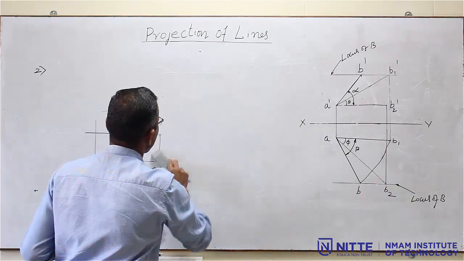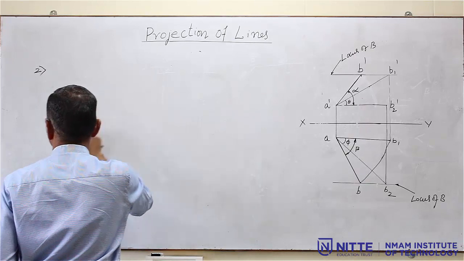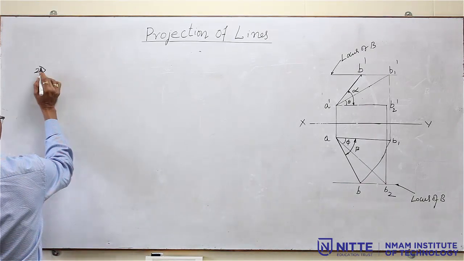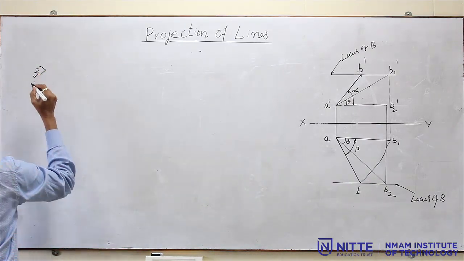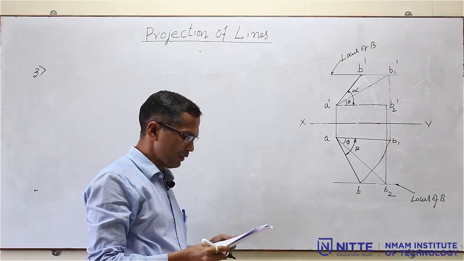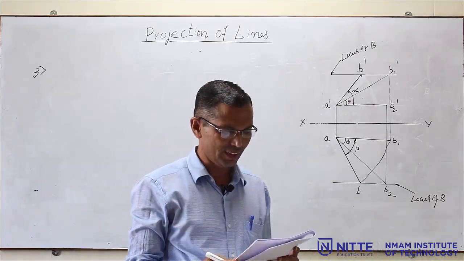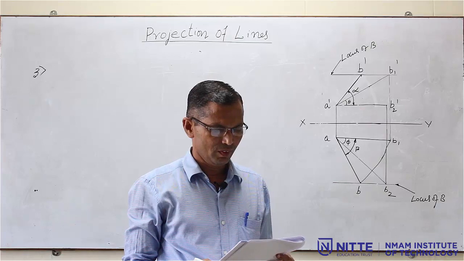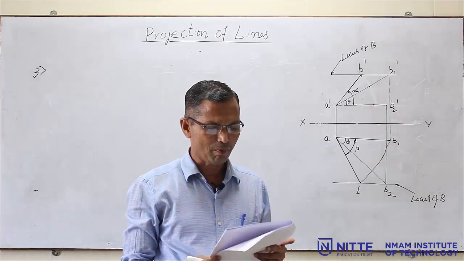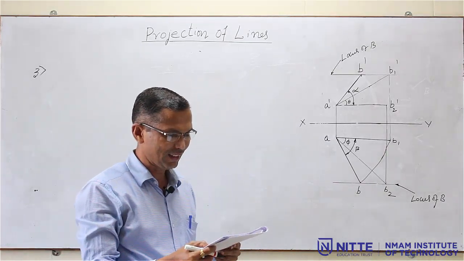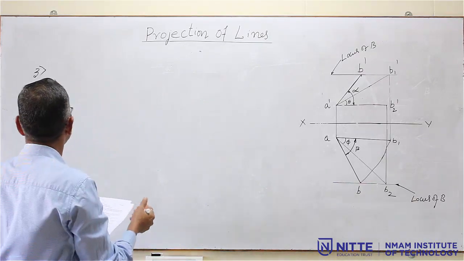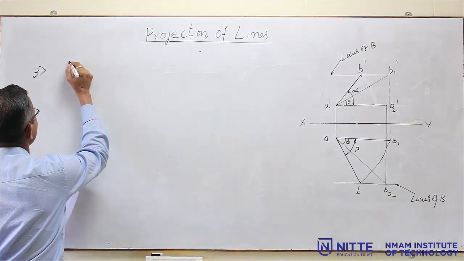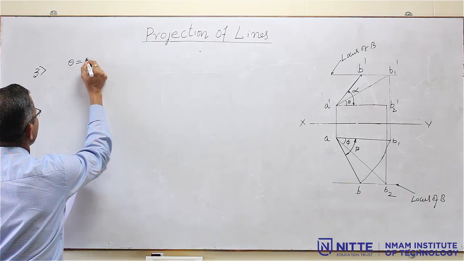Now, moving to the third problem. Draw the projection of a line 60 mm long, parallel to VP and inclined at 60 degrees to HP. So, HP inclination is given, how much? 60 degree.